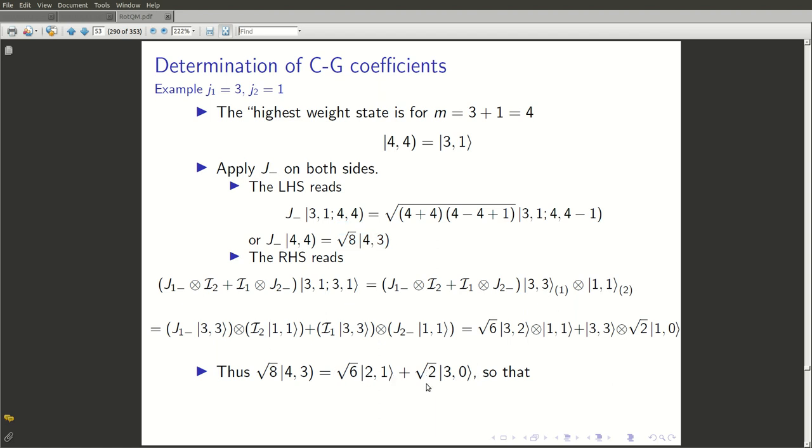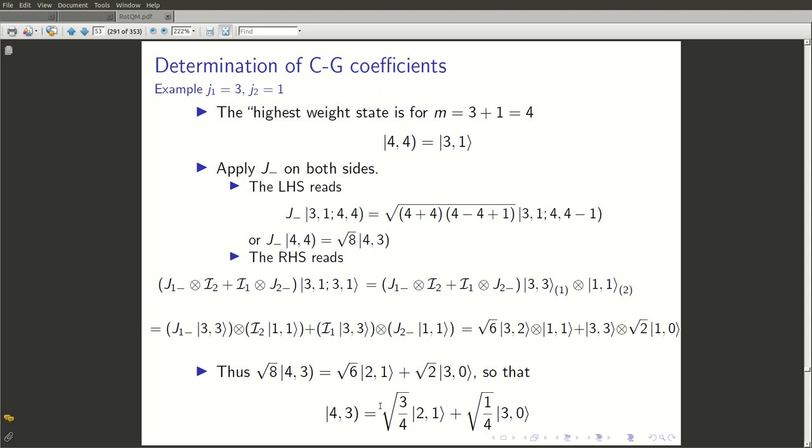So at the end of the day, this gives me what |4 3⟩ is, just by dividing through. So the idea is pretty straightforward. All you have to do is keep track of where every one of these square root of (j plus m) into (j minus m plus 1) factors are going. By the way, even if I had included h bar in the calculation, there would have been h bars on both sides, so they would have simply cancelled out. So the final result would definitely be this.